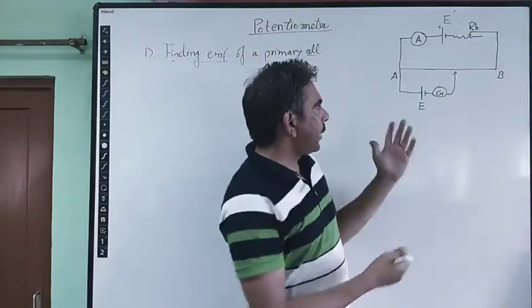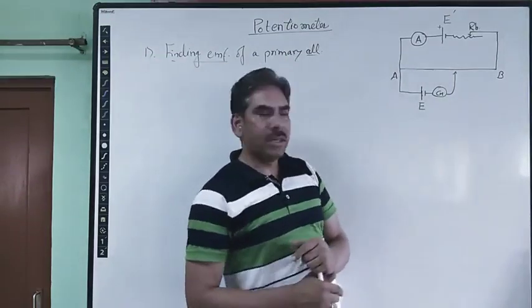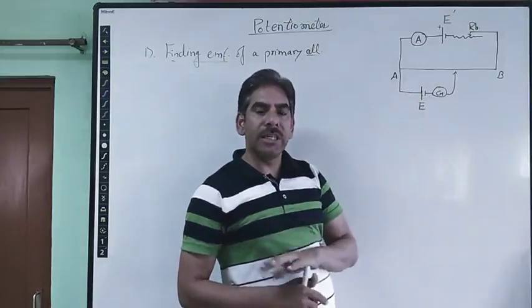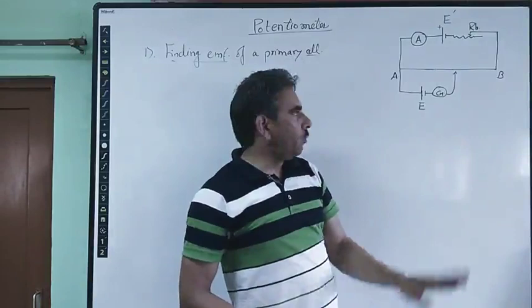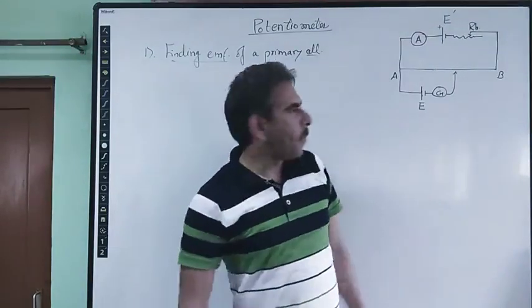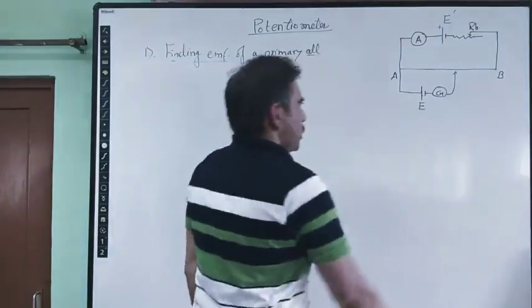Remember, the diagram seems similar to the slide wire bridge, but it is quite different in application. There is nothing concerned with the Wheatstone bridge principle here. Many students make such mistakes.